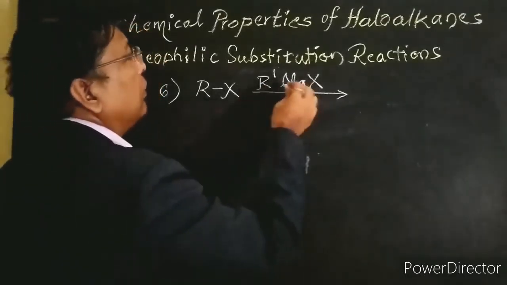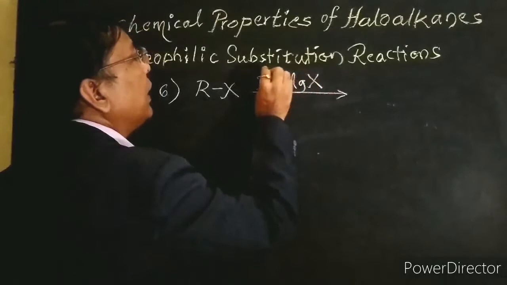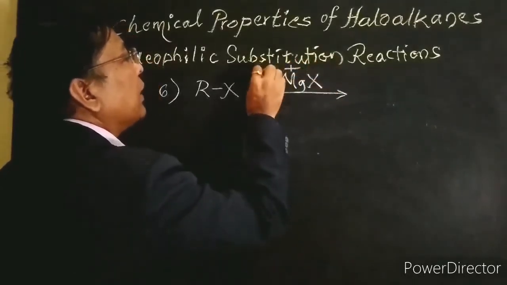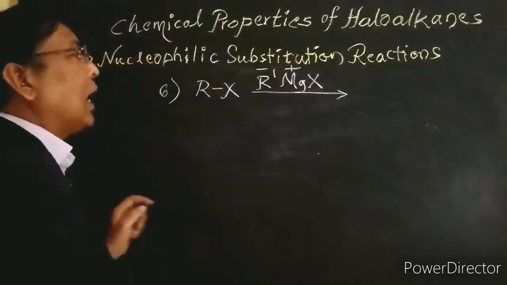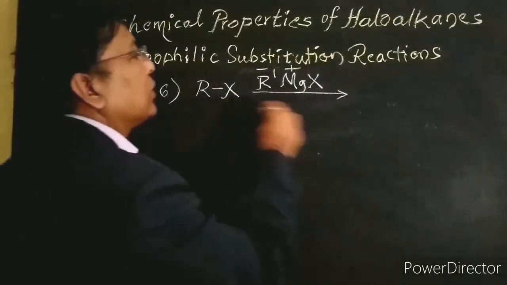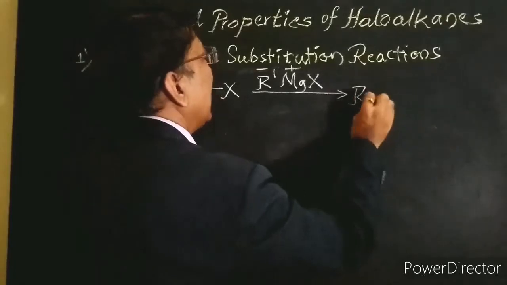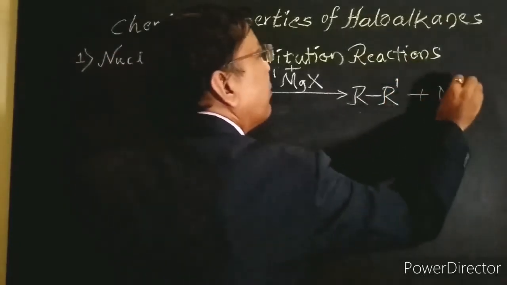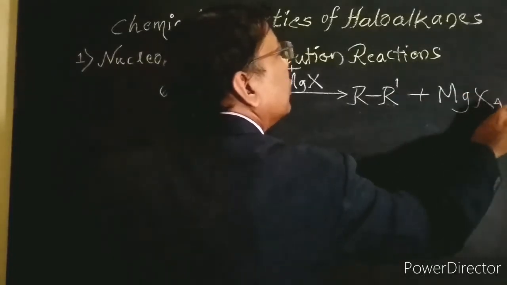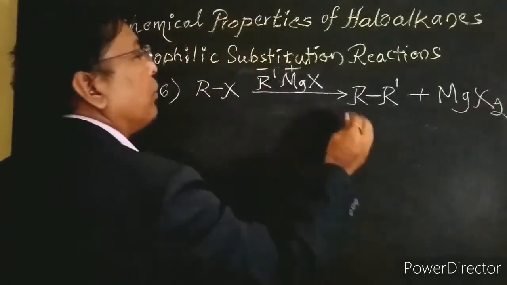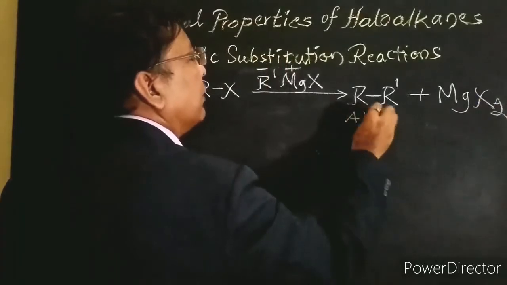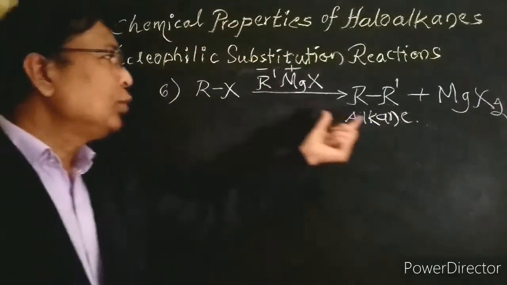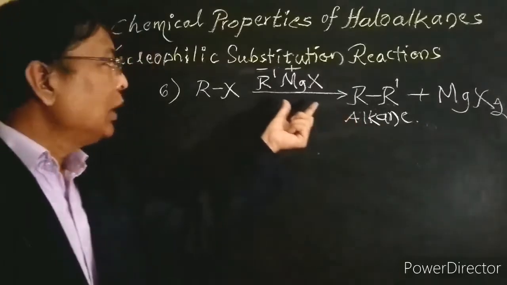In this Grignard reagent, as we know Mg is positive and this alkyl group is negative, that attacks as a nucleophile and we get RR' plus MgX2. Here you have to remember that this is an alkane. So if we want to convert alkyl halides into alkanes, we have to use Grignard reagent.